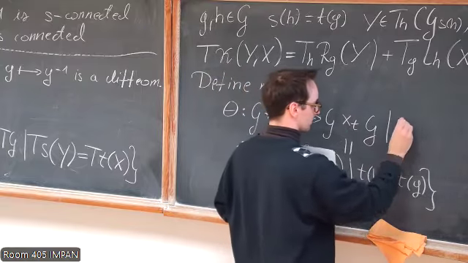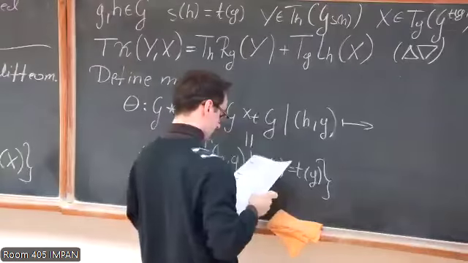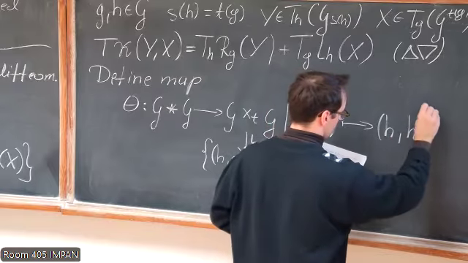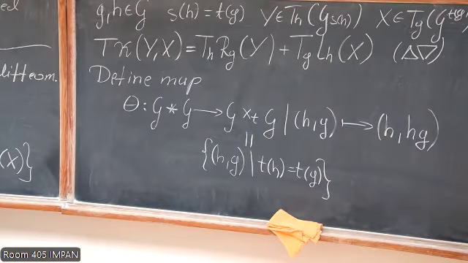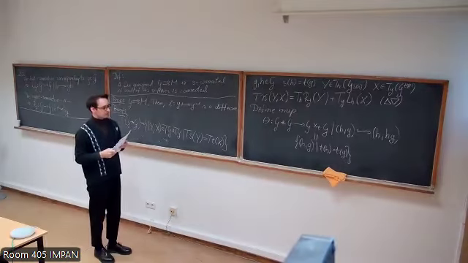So we take (h, g) and it maps to (h, hg).